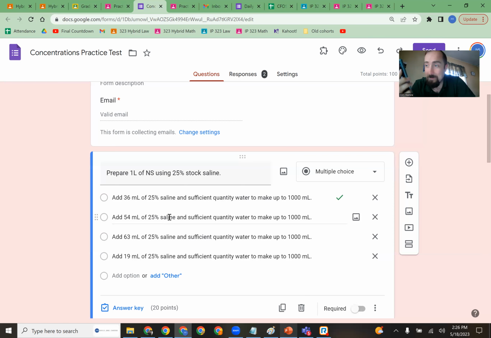And if you don't believe me, let's take 0.9, the strength of normal saline, and divide by 100%. Same thing, 0.009. Because 0.9% expressed as a decimal is 0.009.